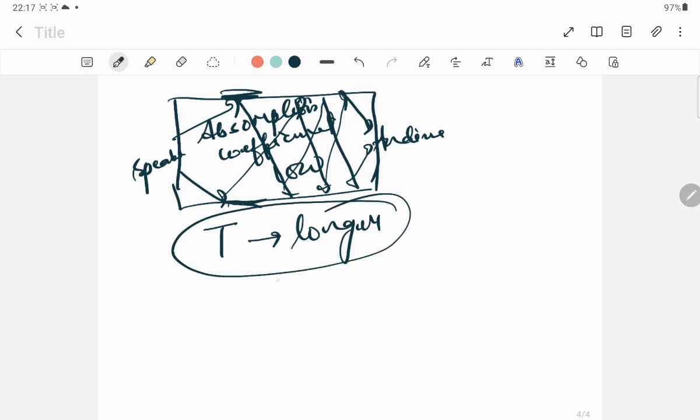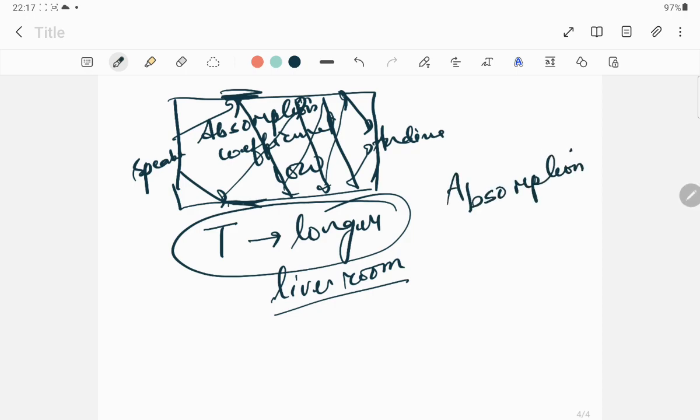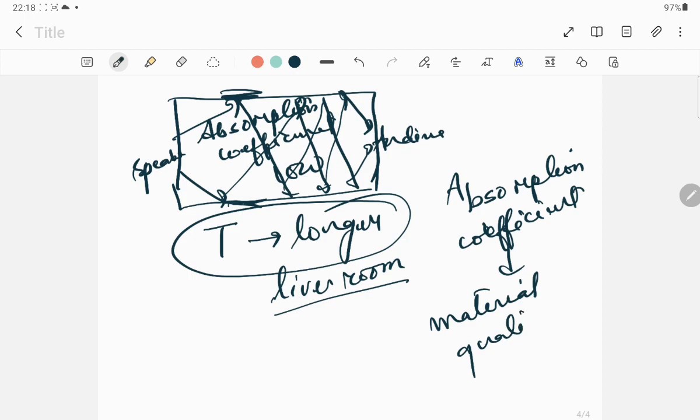So this kind of room is called a live room. So that means how much will be the reverberation time? That depends upon the absorption coefficient. And absorption coefficient depends on the material quality.